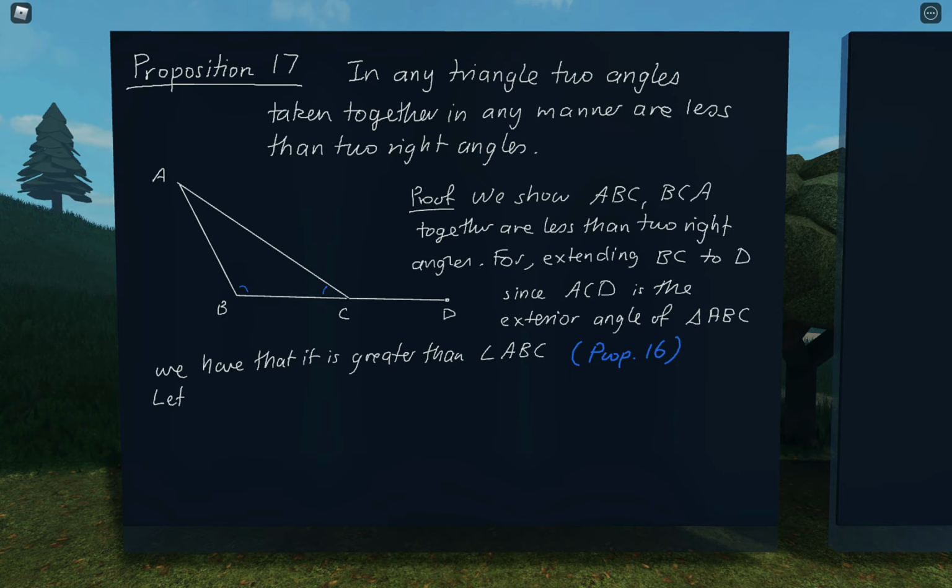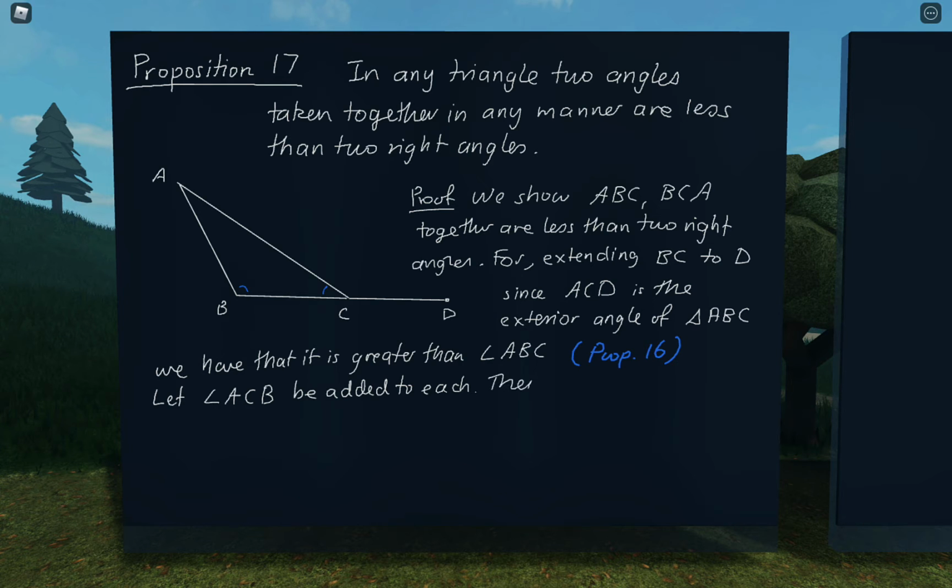Well, let the angle ACB be added to each. That is, we have that ACD is greater than ABC, and we're going to add ACB to both.